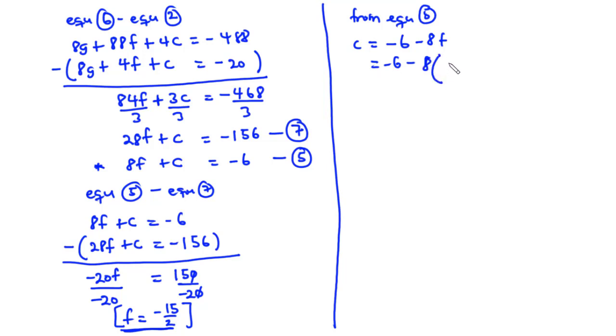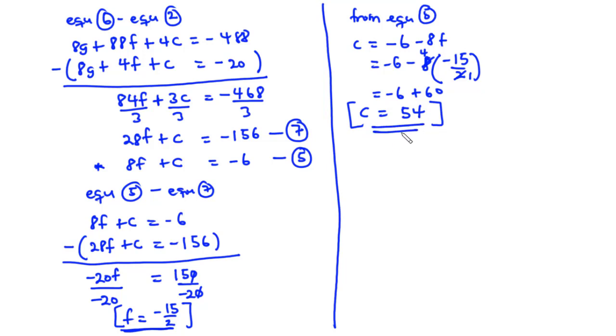Now we have F to be negative 15 over 2. 2 goes into itself once, into 8 4 times. So this becomes negative 6, negative times negative is positive, 4 times 15 is 60. So negative 6 plus 60 is 54. So the value of C is equal to 54.